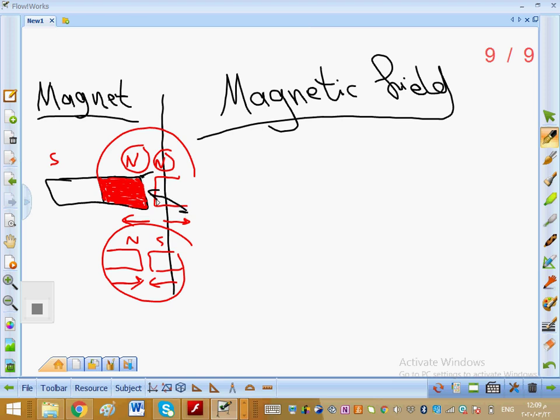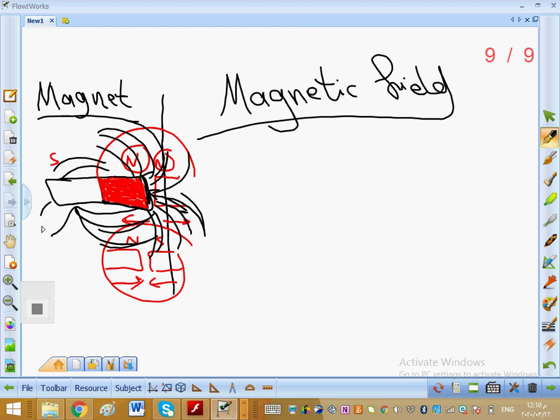Because of the force of this magnet. So there is an invisible area around the magnet where the magnetism appears. This area we call the magnetic field.